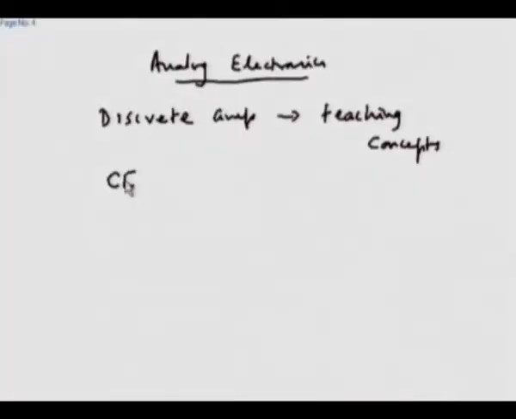And finally, if things don't work, how do you interpret? So a simple amplifier like a common emitter amplifier is one of the best to teach concepts. The concept of a signal, the concept of amplification, the concept of non-linearity, the concept of overload, all these things are very easily taught through simple discrete circuits.